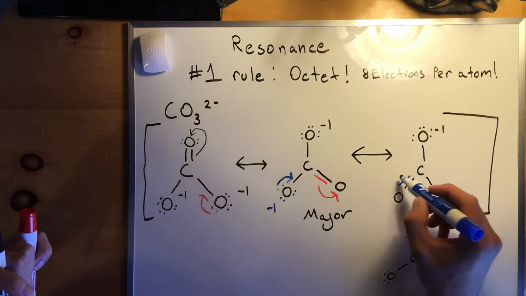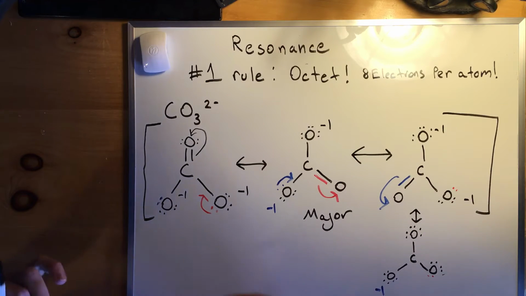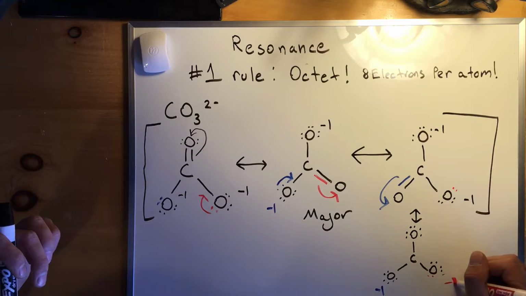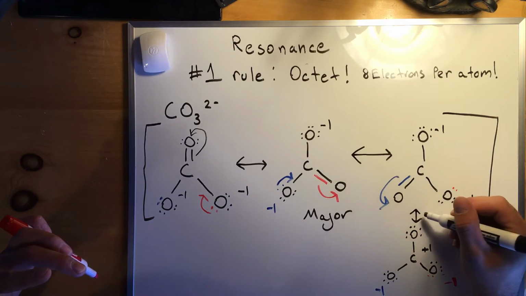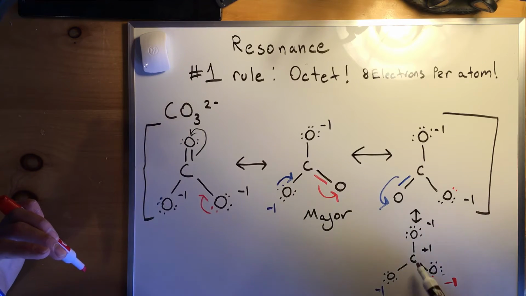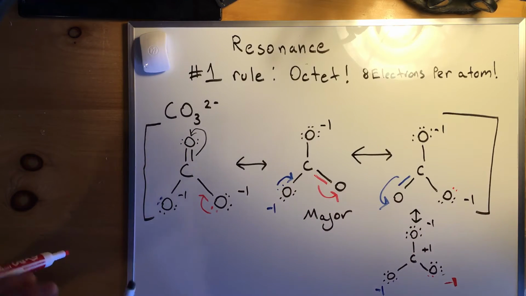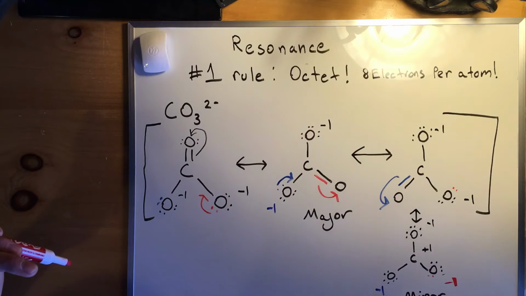But if these blue guys were to come here, we would be left with this structure, which technically adds up to the same. It's still -2, it's still CO3, but it's a minor contributor. This would not be found most of the time.